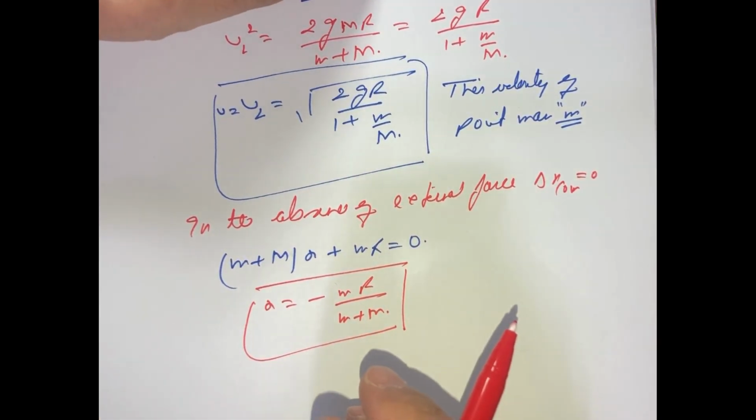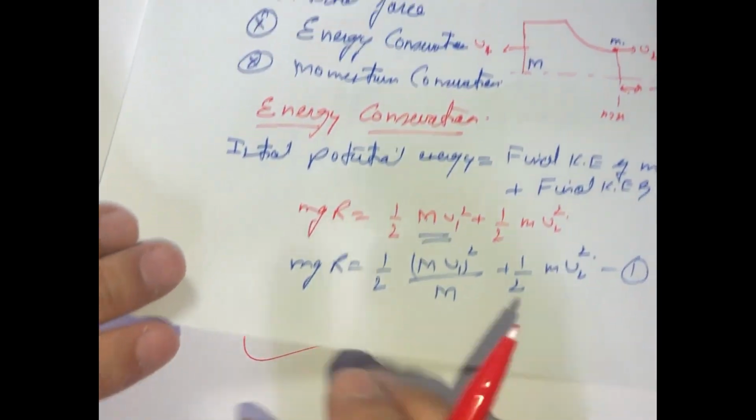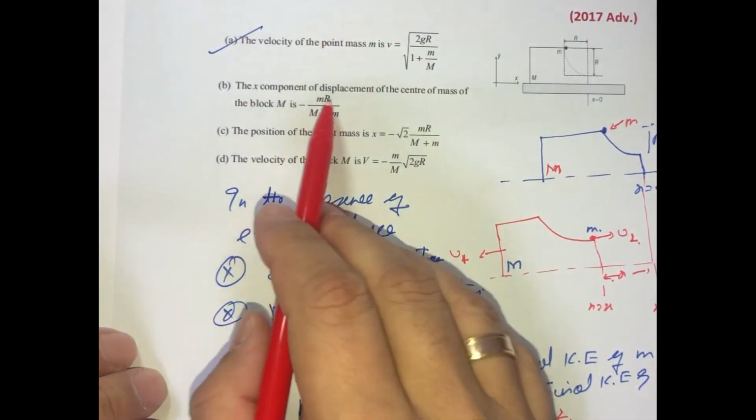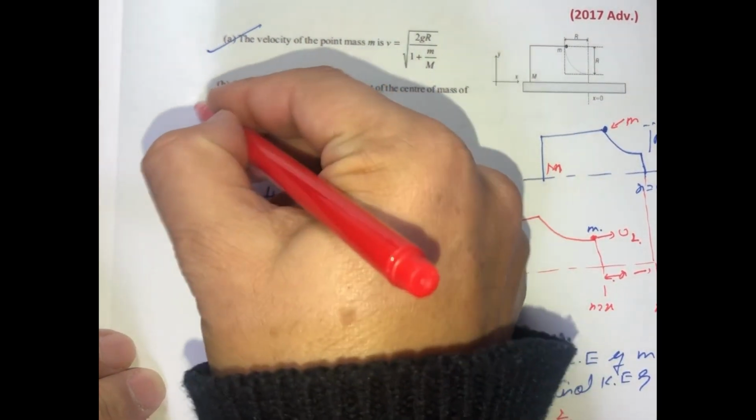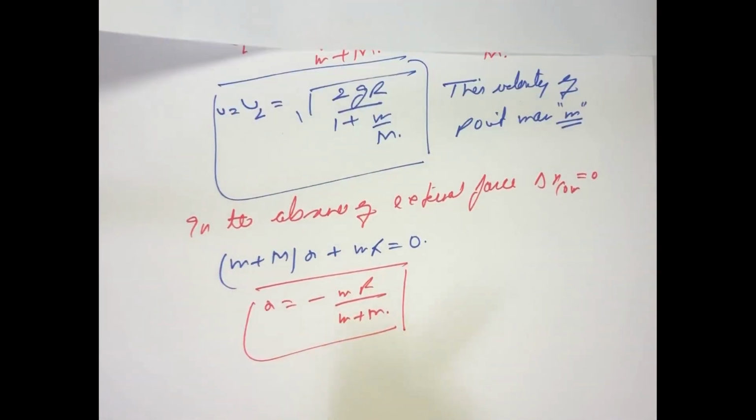So we get that the x component of displacement of center of mass of the block is minus m r upon (m plus M). So option B is correct.